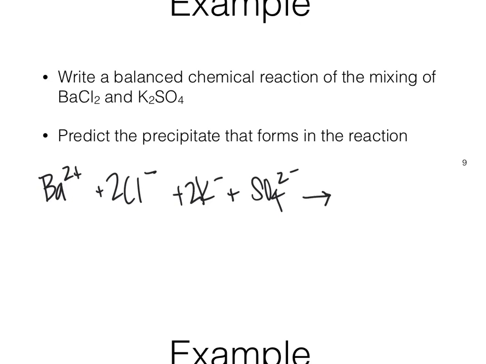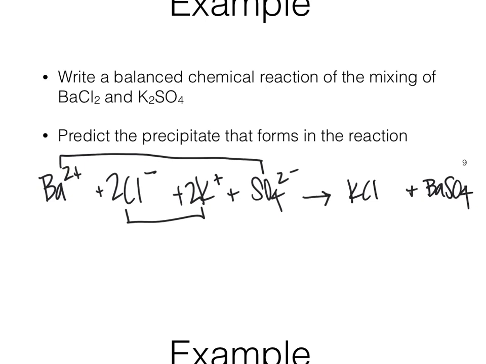Then we create new partners, so the barium is now going to interact with the sulfate, and we're going to create potassium chloride. So we have KCl plus BaSO4. When we check the table, the potassium chloride is soluble, so aq. The barium sulfate is insoluble, so barium sulfate will be the precipitate.